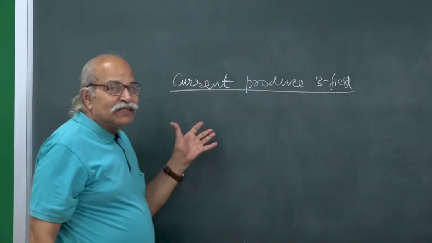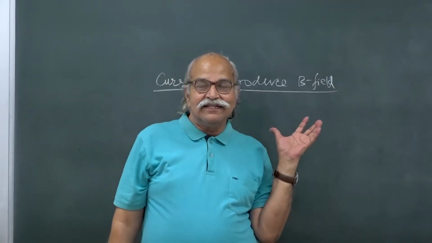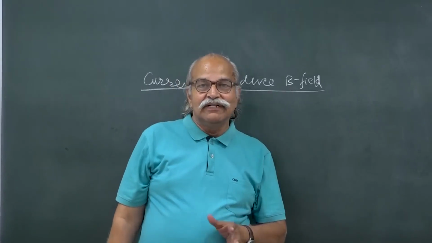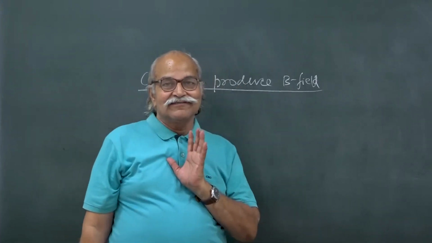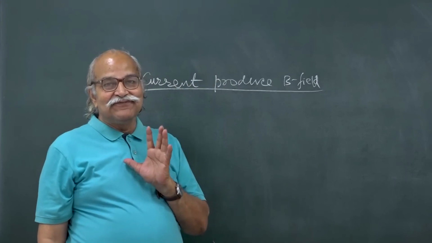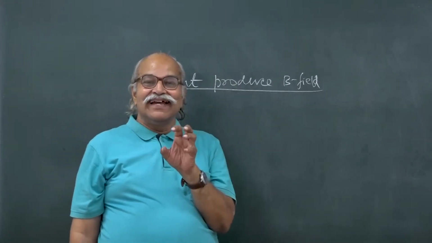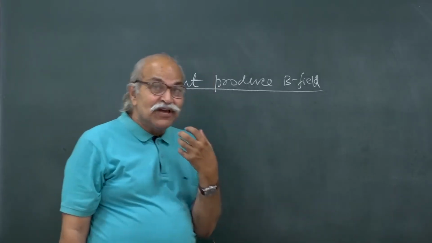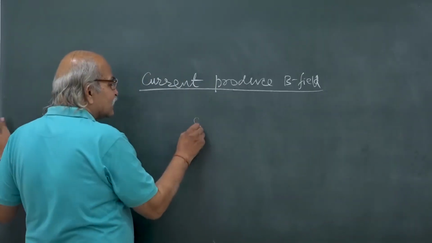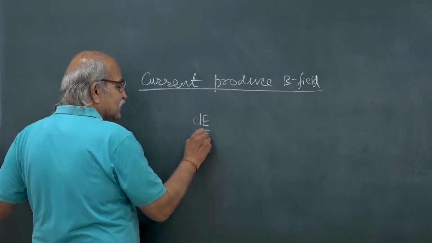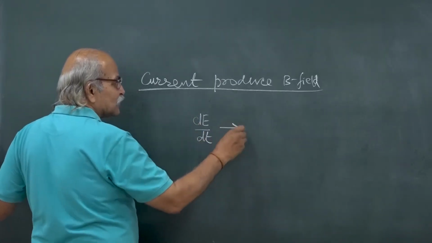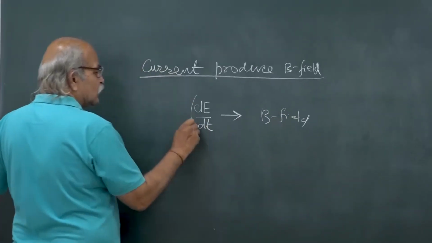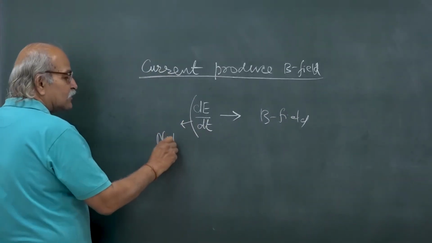However, there is yet another way where you can create magnetic field without a current, and that is if the electric field at some place changes with time. If you have electric field and if that electric field changes with time, there is a d dt, that also produces B field. But this is certainly not magnetostatics.